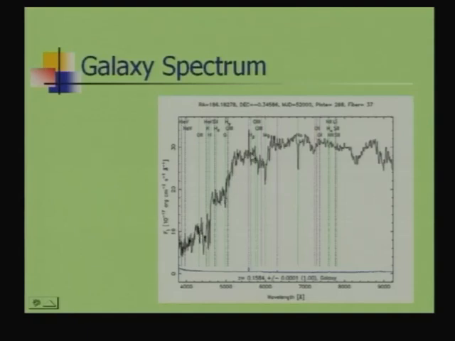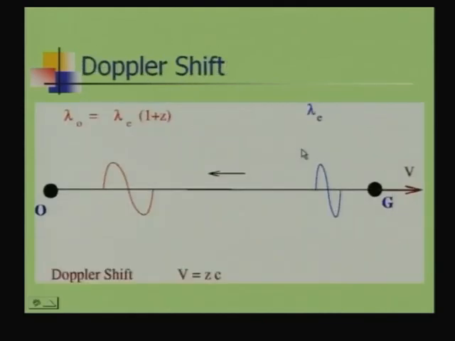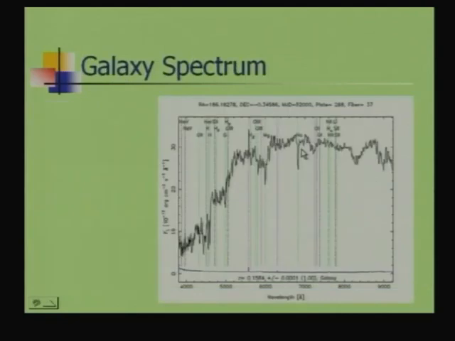Once you have identified a particular line, say a calcium or oxygen line, from experiments on Earth one knows the wavelength at which the radiation in that line occurs.